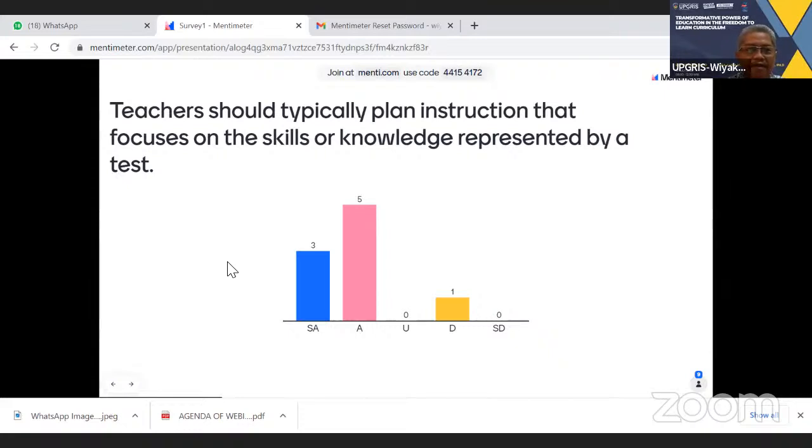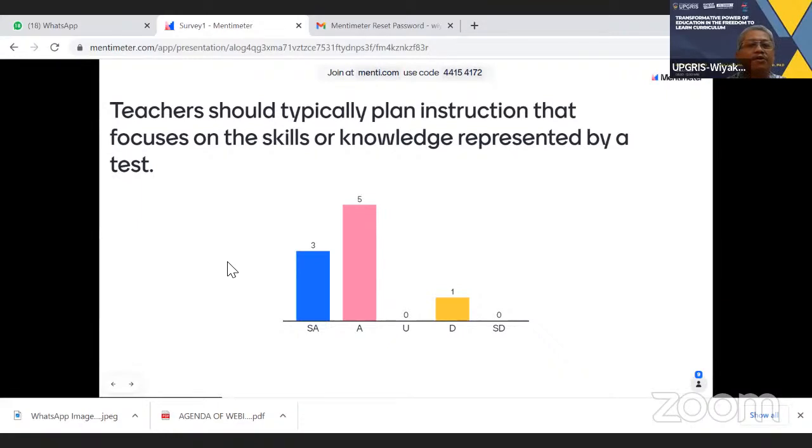Okay, I think that basically this is not the way teaching must be directed. Teaching must be directed to achieve the knowledge and the skills in the curriculum, while not directed at finishing the test items as the sample of the examination.